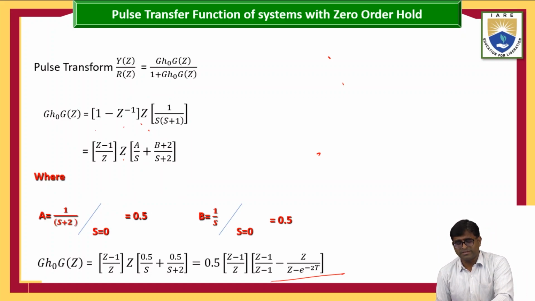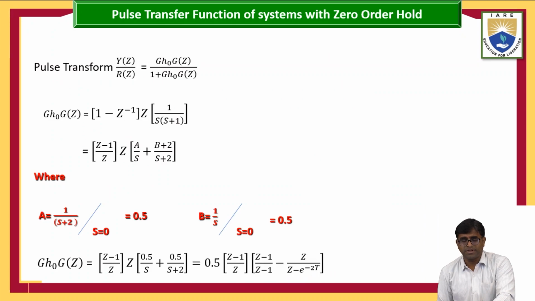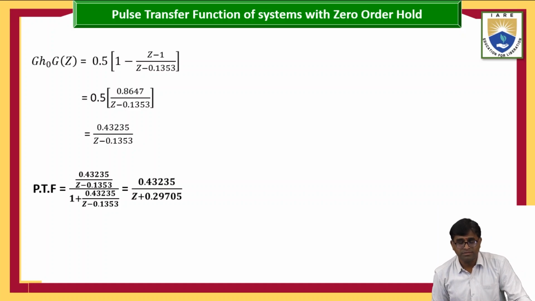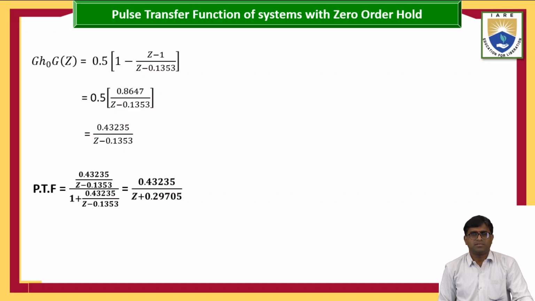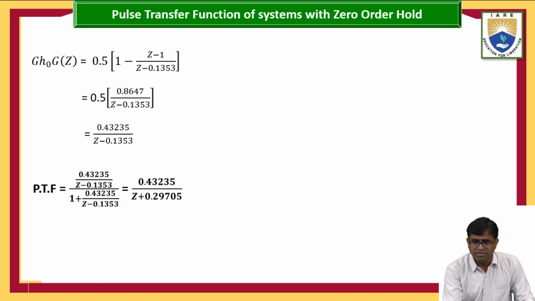This one cancels, 1 is cancelled, 1 by z is coming, and 1 is coming. Next is z minus e power of minus T. So it is coming as z by z minus 1 by z minus 0.1353. If you do the mathematical calculations, 0.5 into, if you take the LCM, we got this one.